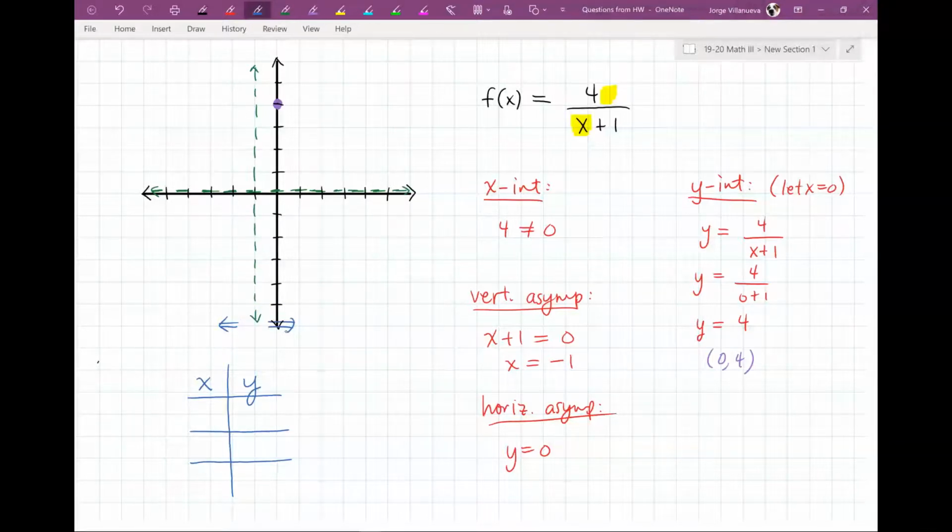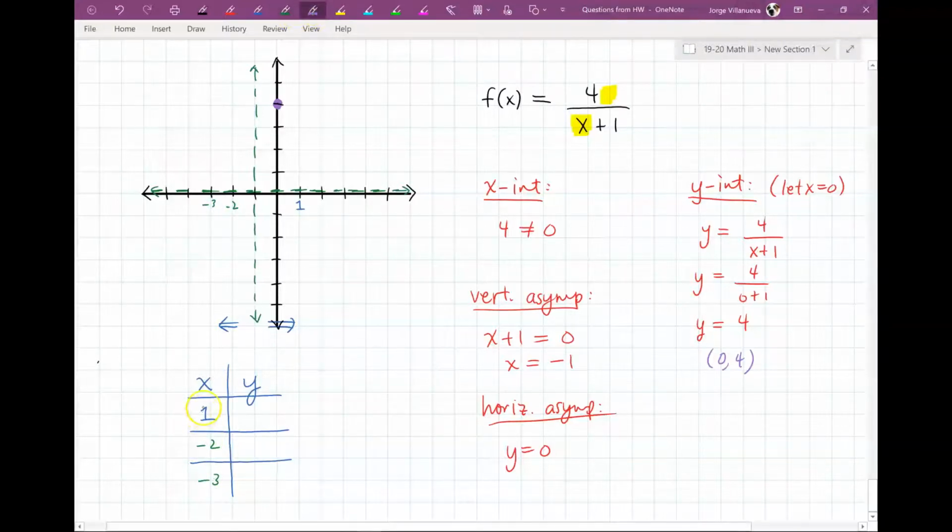So I'm going to pick another number to the right side. So I'm going to pick the number 1. Okay, that would be to the right side. And then 2 numbers to the left, I'll try -2 and -3. So let me plug those into my f of x function.